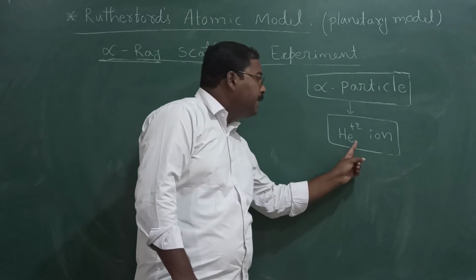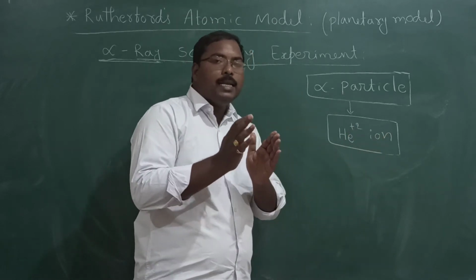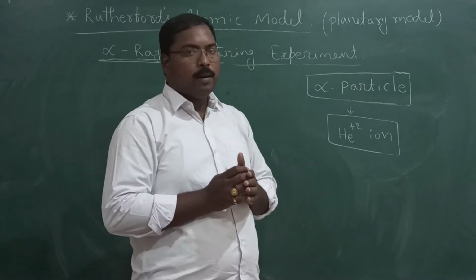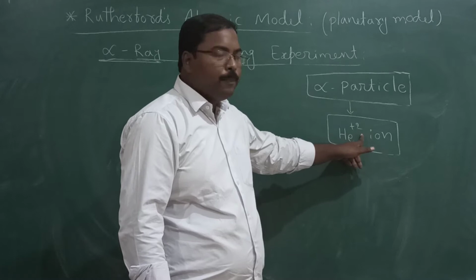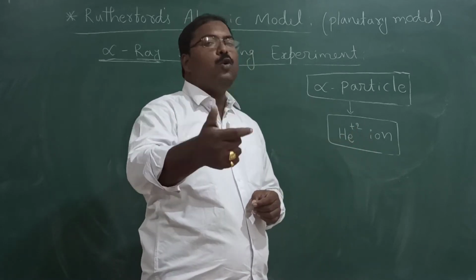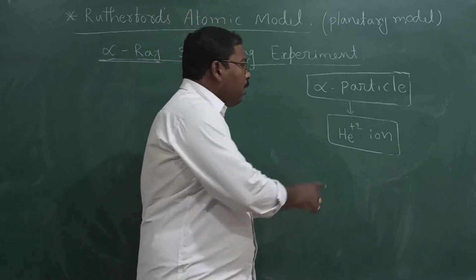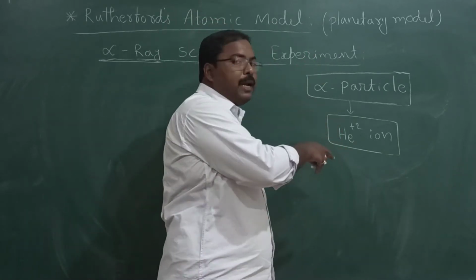But coming to the He plus 2 ion. In the last class we discussed what is meant by ion. Now it is very clear, a positively charged ion. And plus 2 charge represents that it lost 2 electrons. So its atomic number is 2, and it lost 2 electrons.